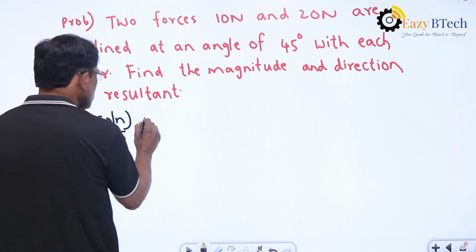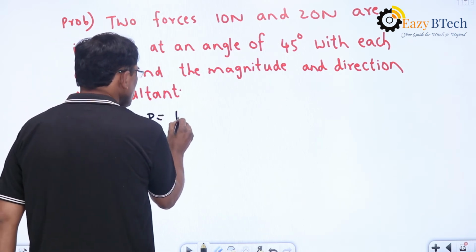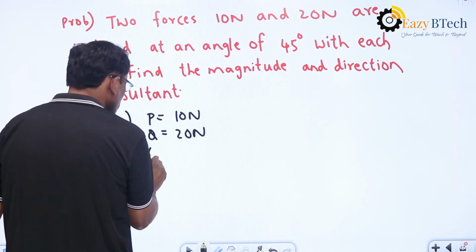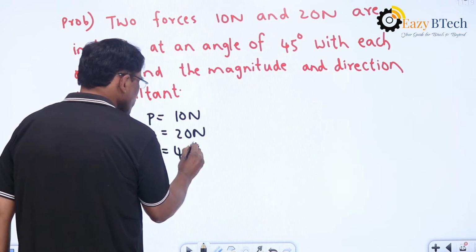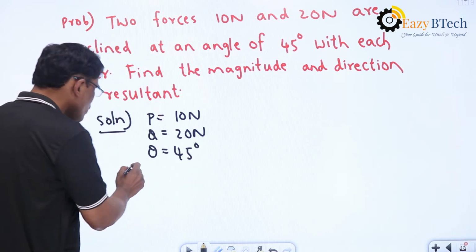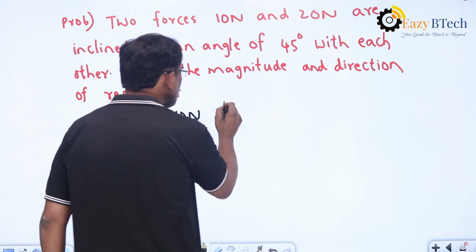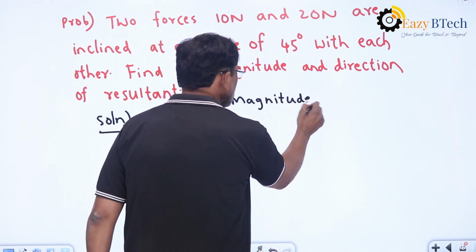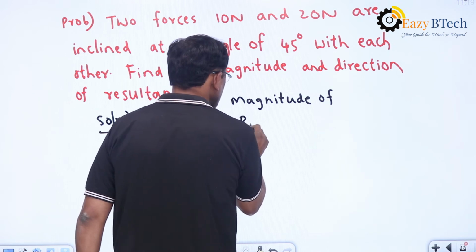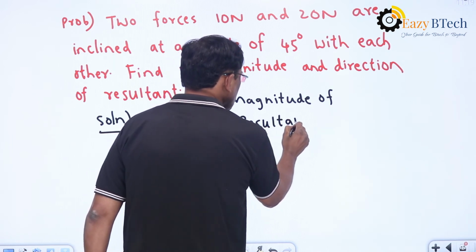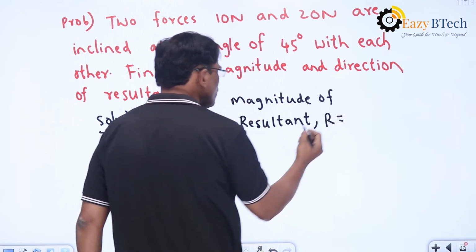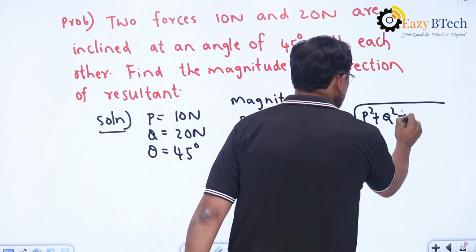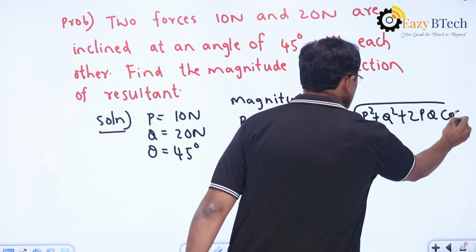So solution is P is equal to 10 Newtons and Q is equal to 20 Newtons and theta is 45 degrees. So this is the given data. So one is magnitude of resultant. So R is equal to the square root of P square plus Q square plus 2PQ cos theta.